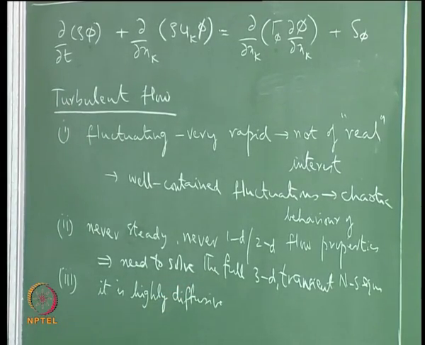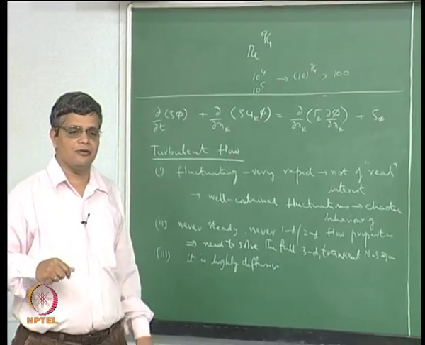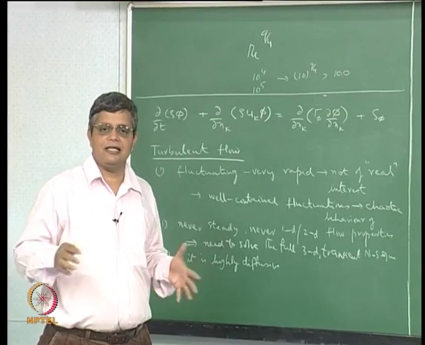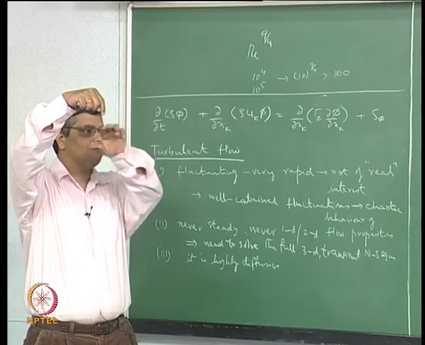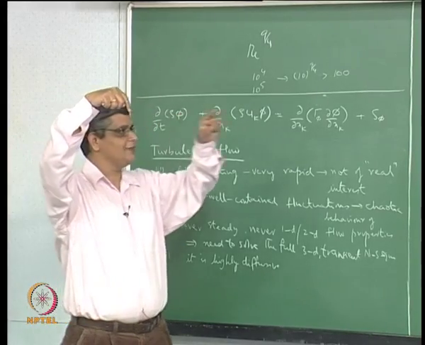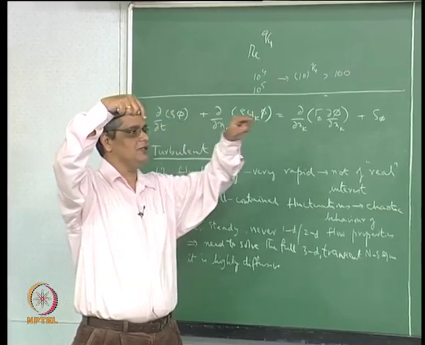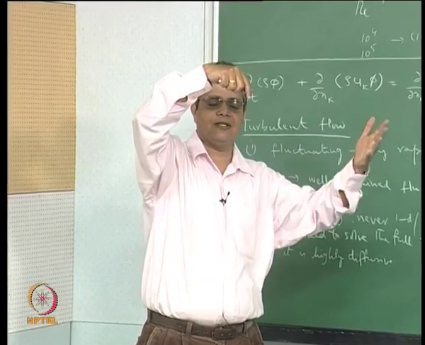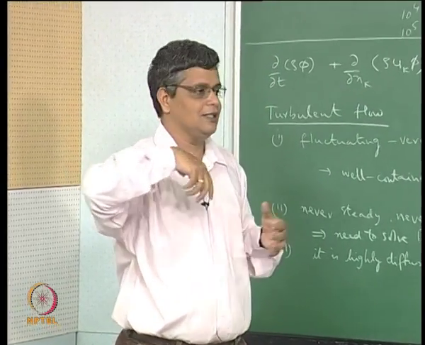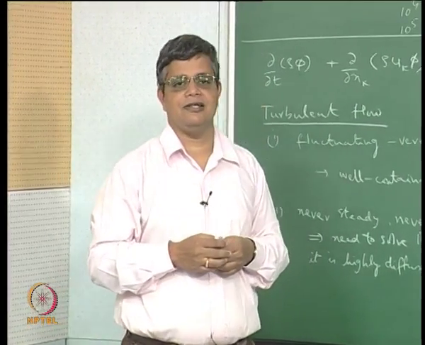Diffusive in the sense that if you put a drop of ink in turbulent flow, it very rapidly mixes. If the flow is laminar, if you put a drop of ink and the flow is going in this direction, you can trace this thing, you can see how the ink is going along. But if it is turbulent flow, the moment you put it, it gets dispersed so quickly that there is hardly any trace of it.